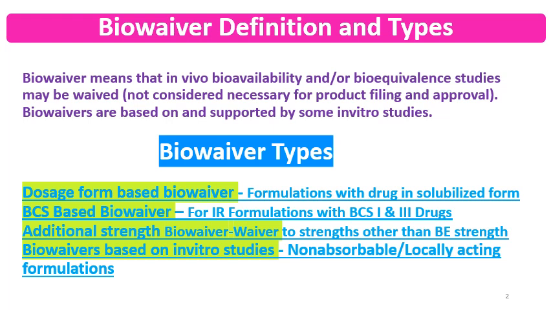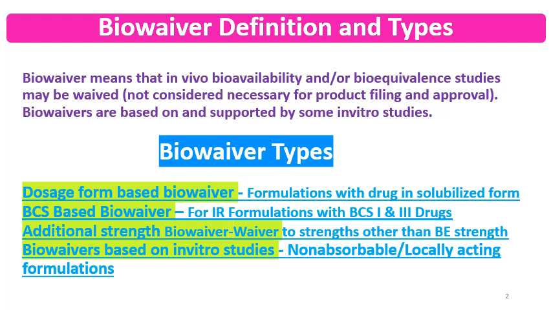In this case, the BE study, that is the bioequivalence study, is performed on one of the strengths, and the lower strengths or other strengths are given a biowaiver. Then some products which contain non-absorbable APIs or which are meant for local action in the GI tract are also given biowaivers, and these are based on in vitro studies.